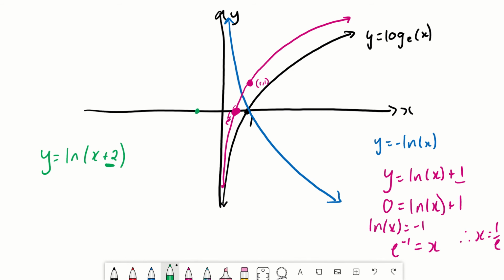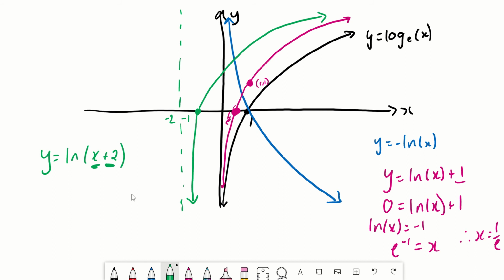It's already passing through 1, so if I subtract 2, it's going to pass through at negative 1, and this time, and I would sketch it, my asymptote is at negative 2. And if you check, you can't take the log of 0, and that would make sense if you have x being negative 2 there.